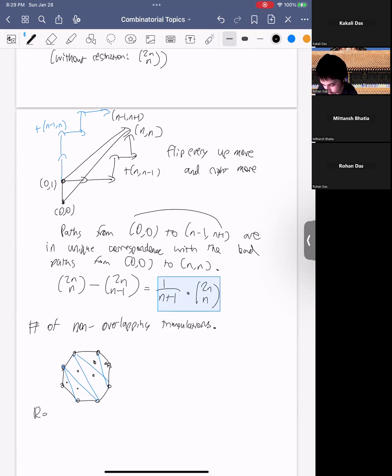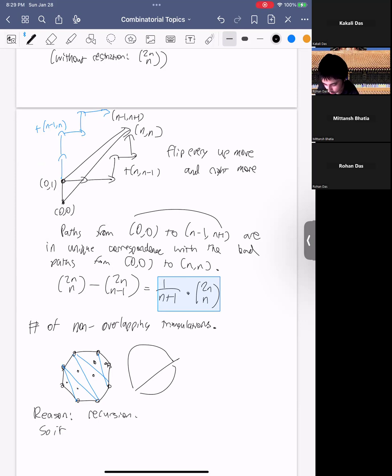And the reason for this is that if you think about this recursively, you can consider where one of the edges from a certain vertex goes, and that will divide the polygon into two parts. And then you can apply the formula recursively on each part.